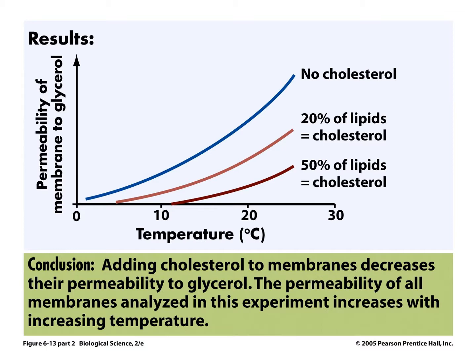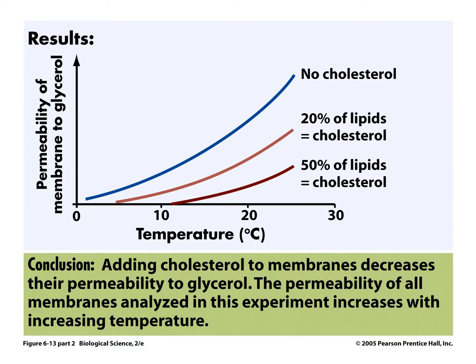And then they compare membranes with no cholesterol, membranes with 20% cholesterol, membranes with 50%. And you see permeability is very high when you have no cholesterol. Okay, so a lot more material could pass through our lipid bilayer here. Notice the amount of permeability goes down with the higher the cholesterol. So adding cholesterol decreases permeability.